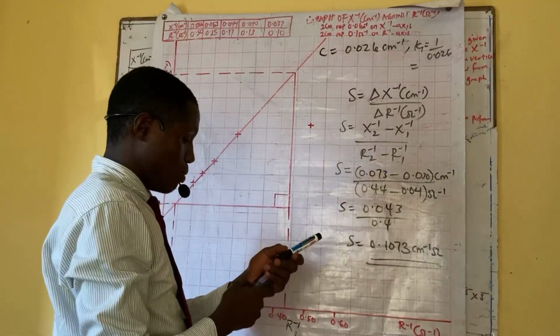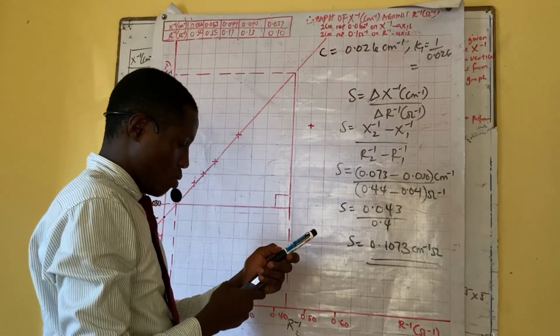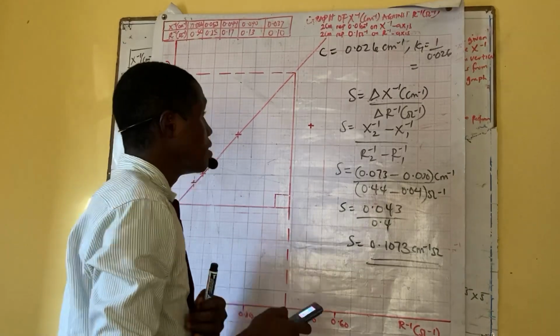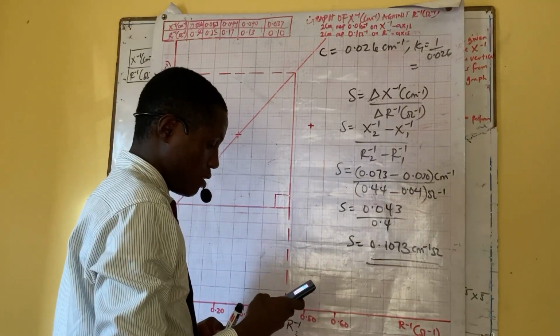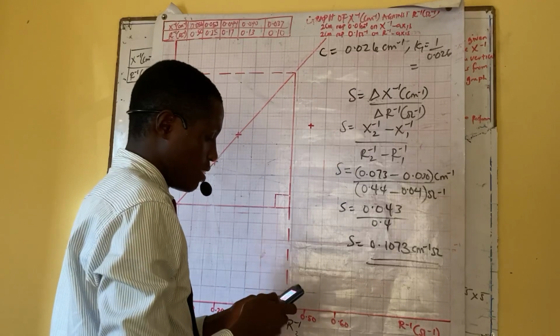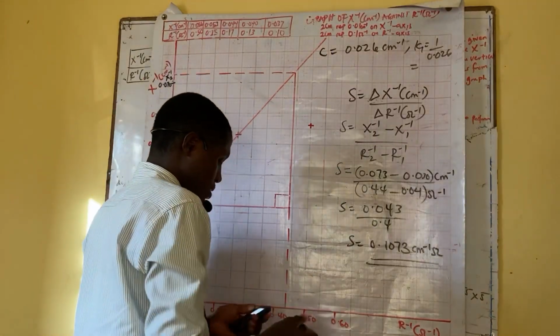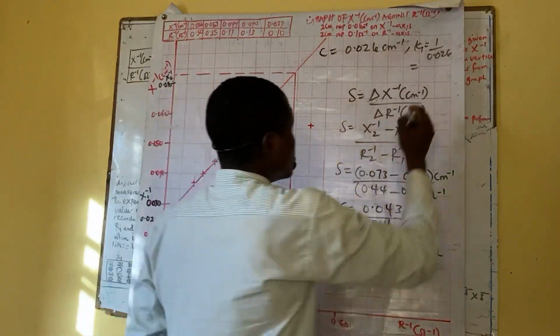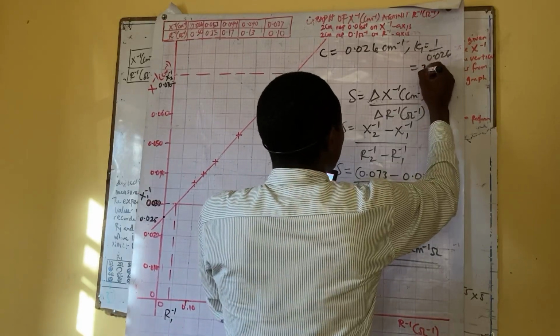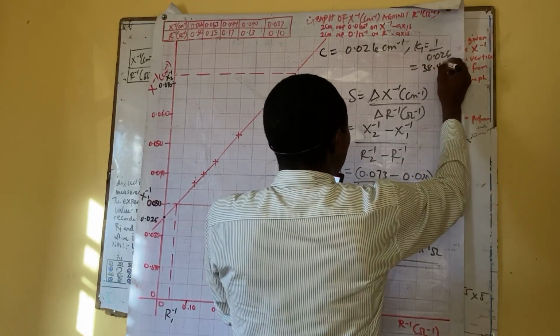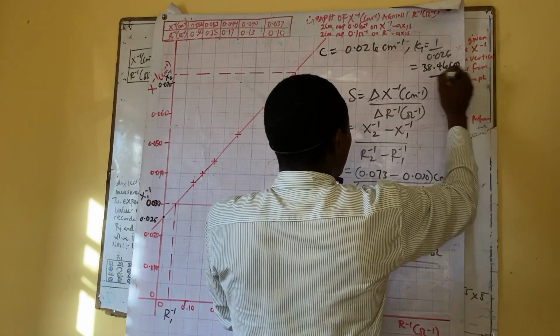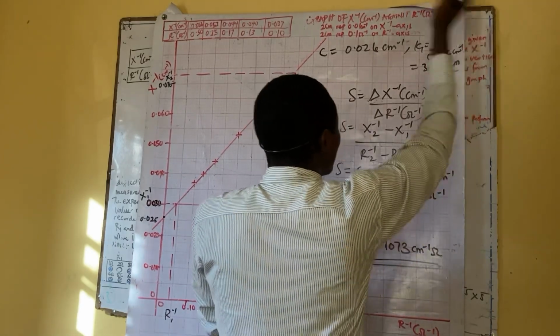1 divided by 0.026. That will be 38.46 centimeter. Don't forget it's per centimeter, and it comes from centimeter.